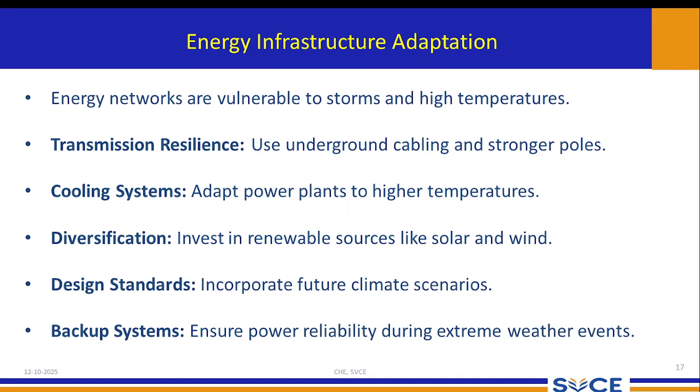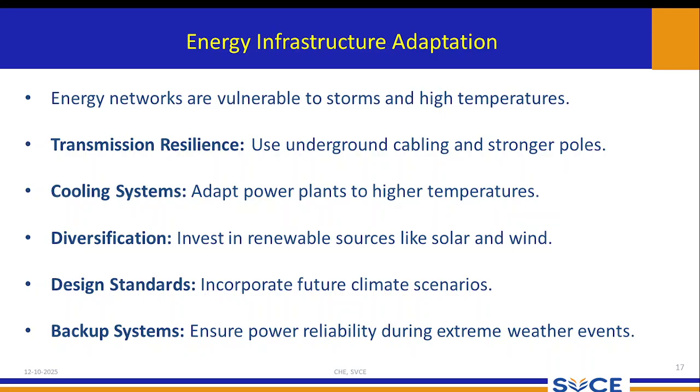Coming to energy infrastructure adaptation, energy networks are vulnerable to storms and high temperatures. Transmission resilience: use underground cabling, stronger poles and cooling systems, and adapt power plants to higher temperatures. Diversification: invest in renewable sources like solar and wind.